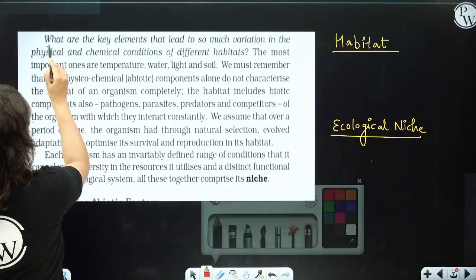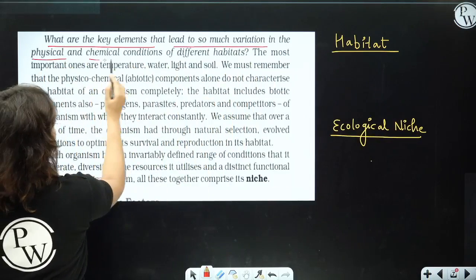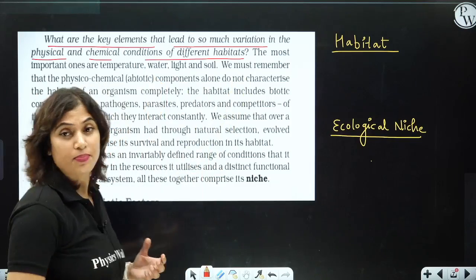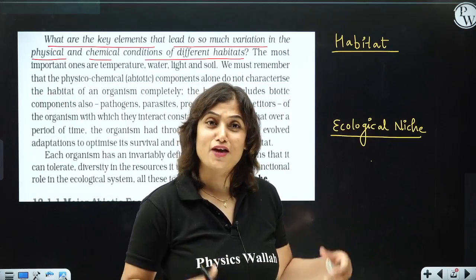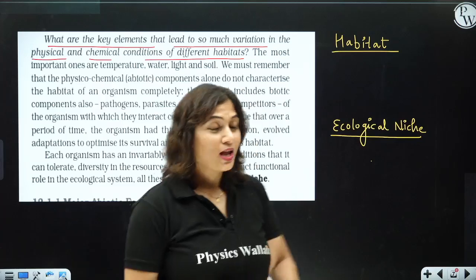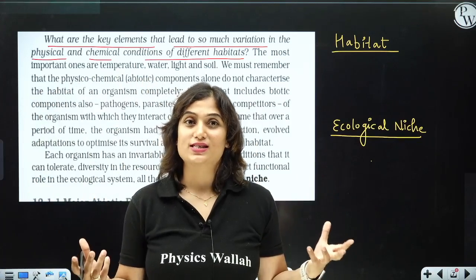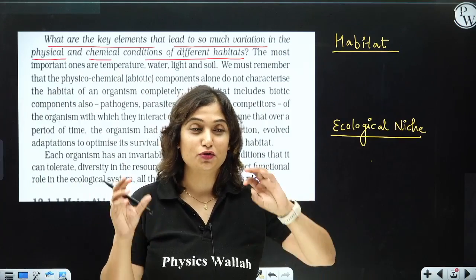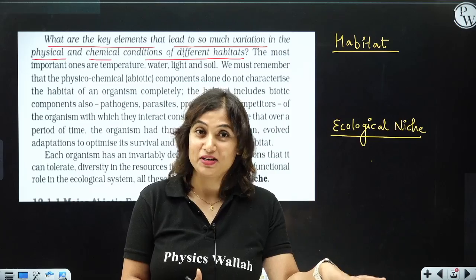Now this is asking what are the key elements that lead to so much variation in the physical and chemical conditions of different habitats. We have deserts, grasslands, tropical rainforests, temperate forests. So the question is: what are the conditions which decide so many different kinds of habitats and different kinds of animals residing in those habitats?